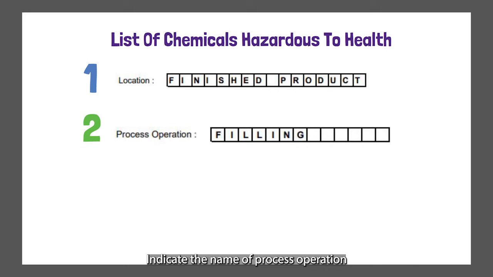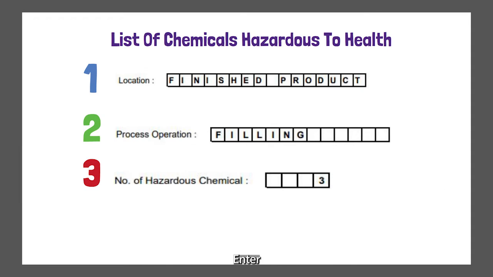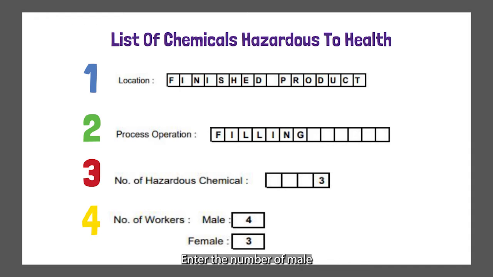Indicate the name of process operation where the chemicals are being used or produced. 3. Number of hazardous chemical. Enter the total number of hazardous chemicals being used for each location or process operation. 4. Number of workers. Enter the number of male and female workers of each process or location.